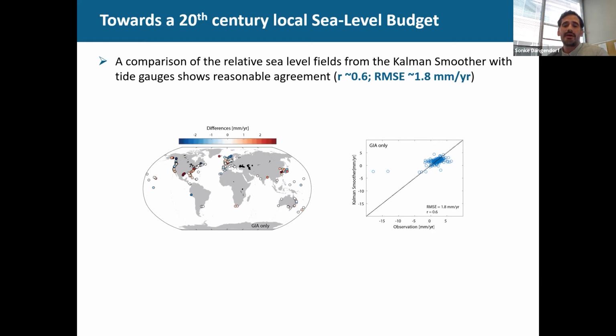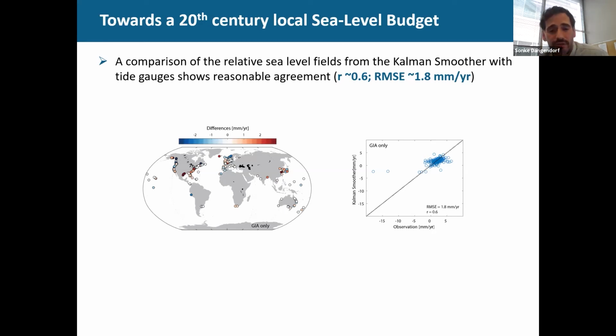But if you remember from the beginning of the talk, vertical land motion is not only induced by natural causes such as glacial isostatic adjustment, but also by processes like groundwater depletion and other anthropogenic factors.